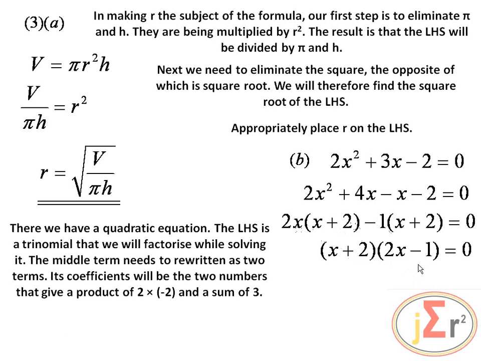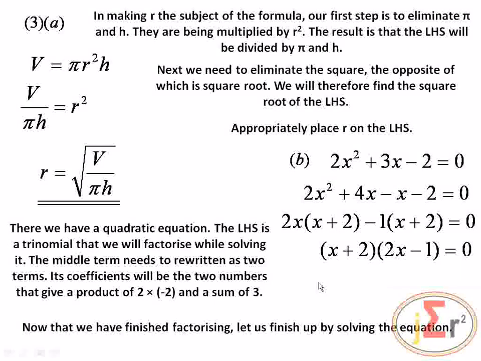And that kind of a factorization we are accustomed to. As a matter of fact, we saw one on a recent slide. Now that we have finished factorizing, let us finish up by solving the equation. X is equal to negative 2 and x is equal to a half.